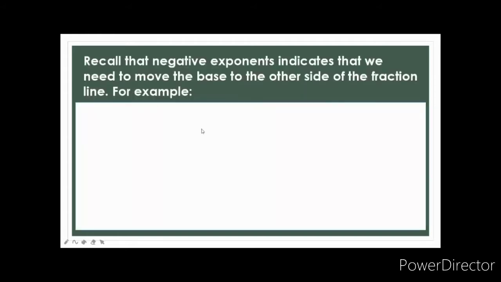Before we proceed to our first example, let us recall first that negative exponents indicate that we need to move the base to the other side of the fraction line. For example, number 1, if you have 3 raised to negative 2, that is equivalent to 1 over 3 raised to positive 2, and that is equal to 1 over 9.